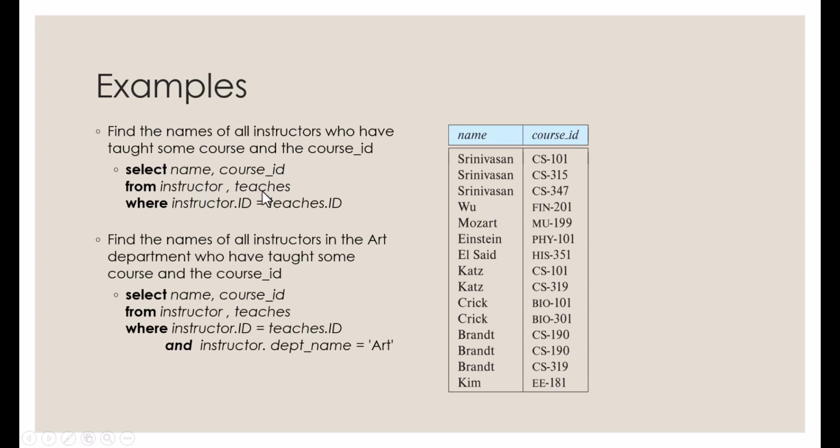But by having this where clause, where instructor.ID is equal to teaches.ID, this will return only the courses that this particular instructor has taught. So it's returning the instructor's name and the course that they have taught.